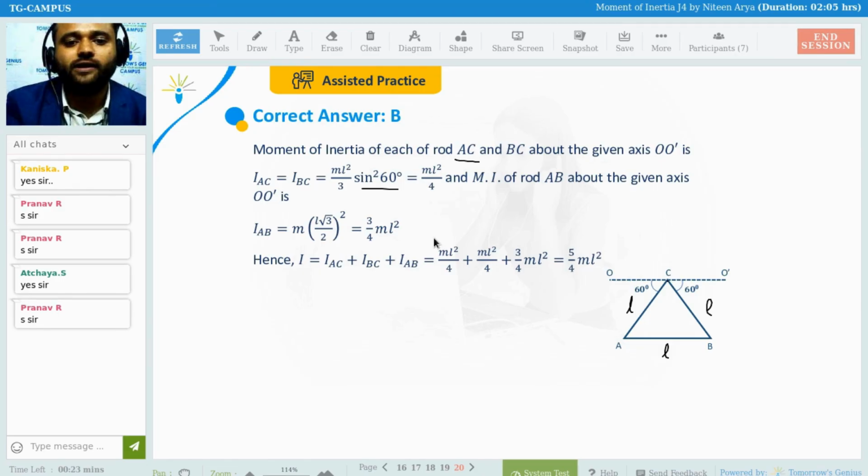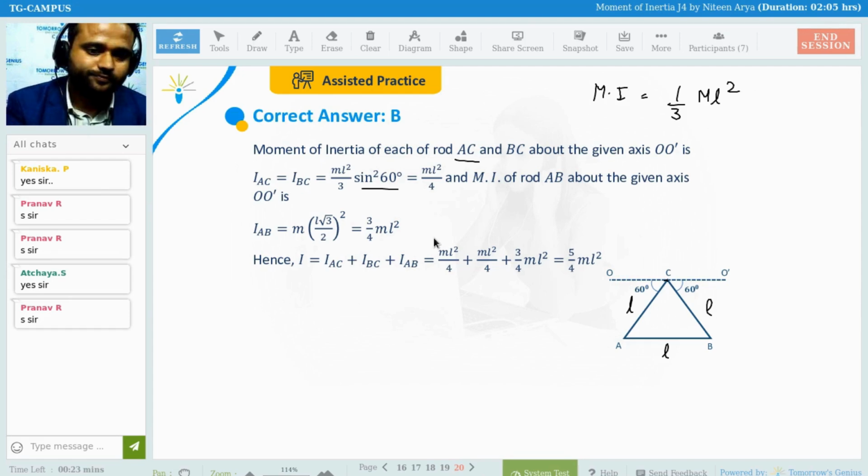And around the OO prime axis, I want to find the sine component of this rod system. So ml square by 3, because I want to find this moment of inertia from one end. The moment of inertia of a rod from one end is going to be 1 by 3 ml square.